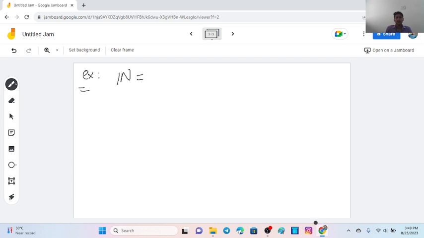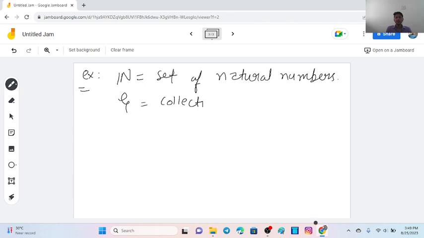So take N to be the set of natural numbers, and C to be the collection of singleton sets.